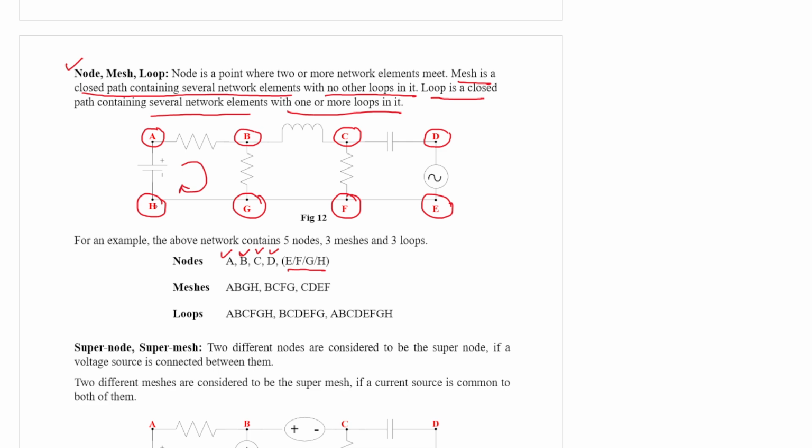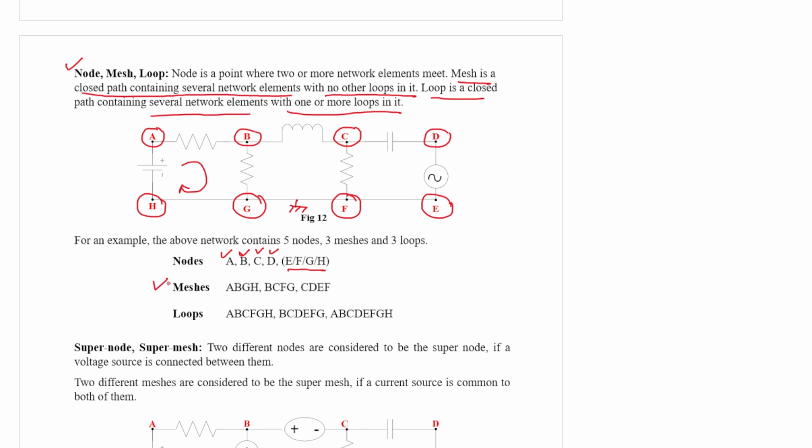Because all these nodes have potential 0, so they are considered to be the same node. So a node is characterized by its potential. If the potentials of two nodes are the same, then those two nodes are considered to be the same node.